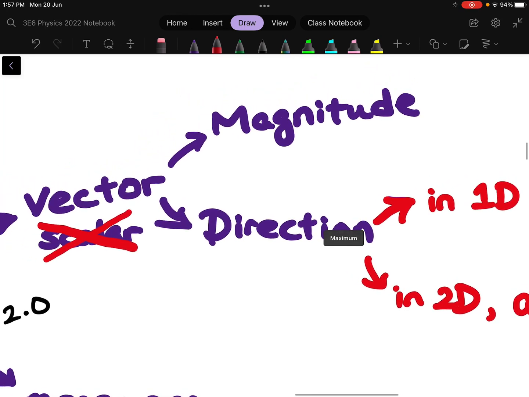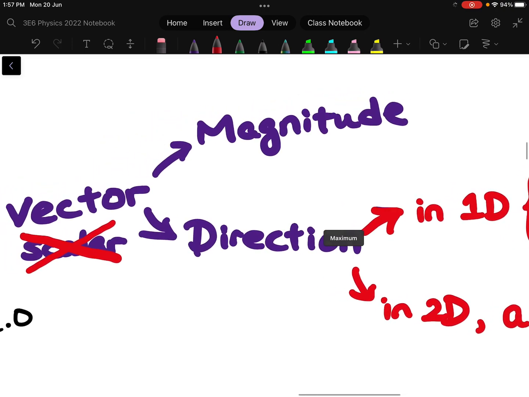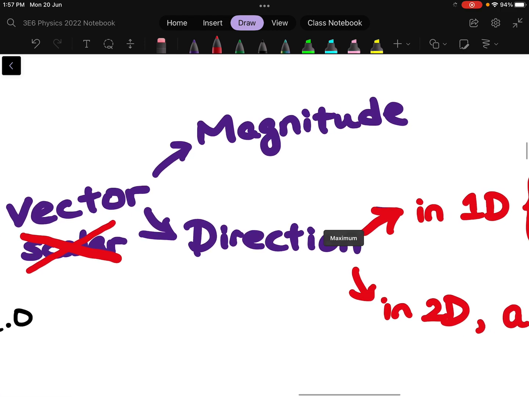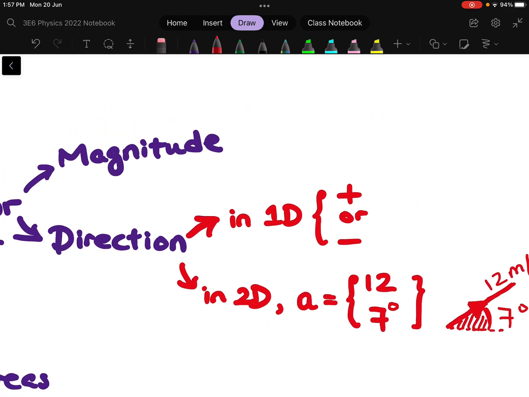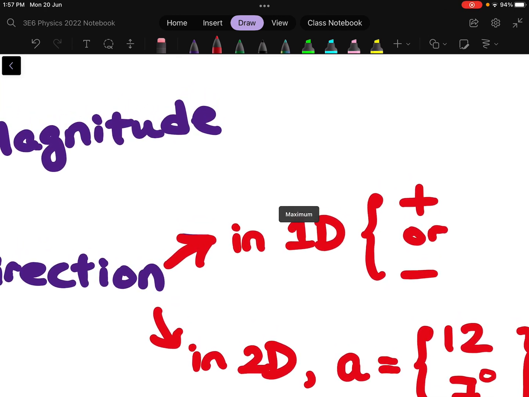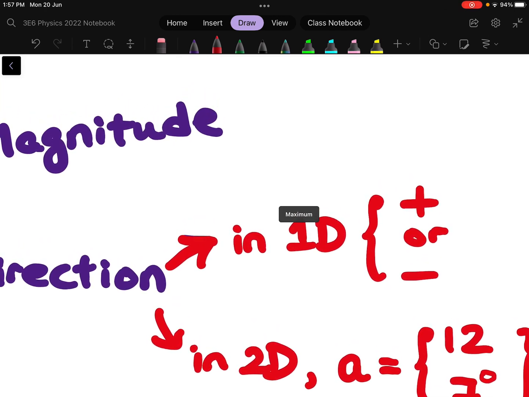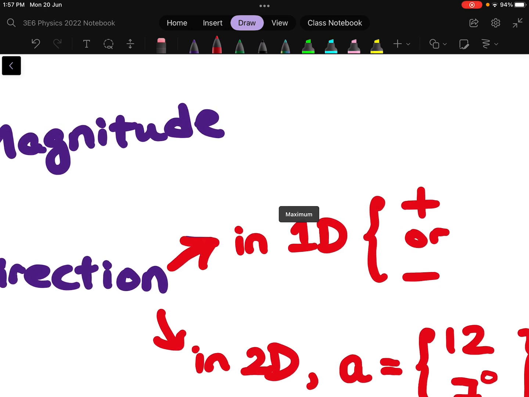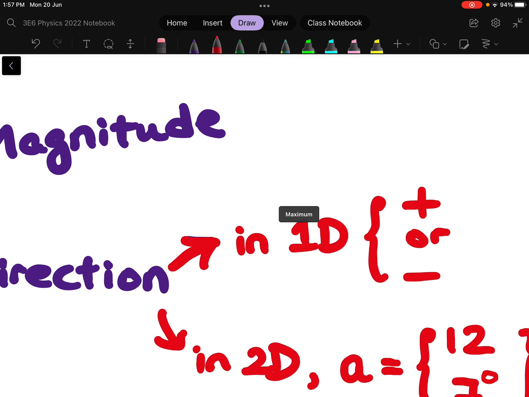When we say that there's a directional component to a quantity, it means that the quantity can take on a positive or negative number, because in a one-dimensional context, the motion can only go forward or backward. That means we are going on a line, like on a rope. On a rope, you can only go forward or backward, left or right, right? Or if you want to hold the rope vertically, the motion can only go up or down.